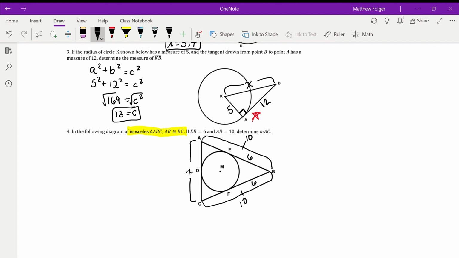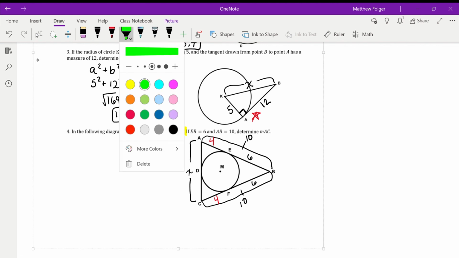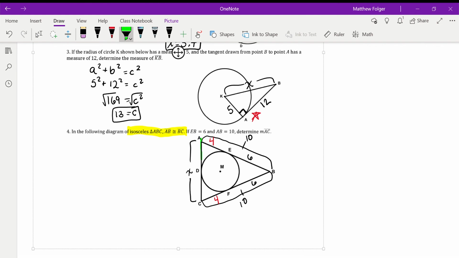Now, we don't have to set up an equation for this one. What we do have to do is look at, if this whole line AB is 10, and EB is 6, 10 minus 6 leaves 4 for AE, and that means this is also 4. And the only other property that you need to know is that if you have two tangents coming from the same point that hit a circle, so for example, this one and this one, right?